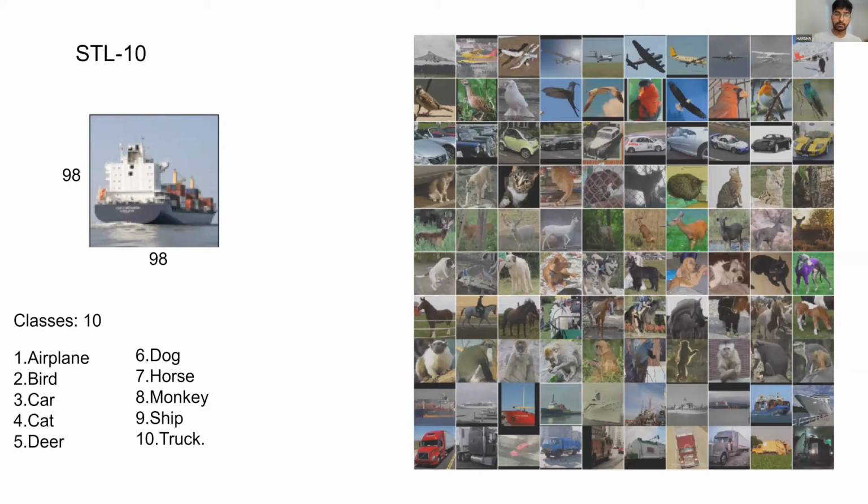The top section has the airplane images, then the bird images, car, and other kinds of images. This way the classes are divided. Each image is 98 by 98 pixels.